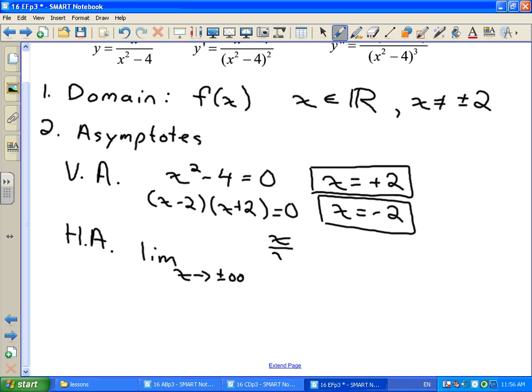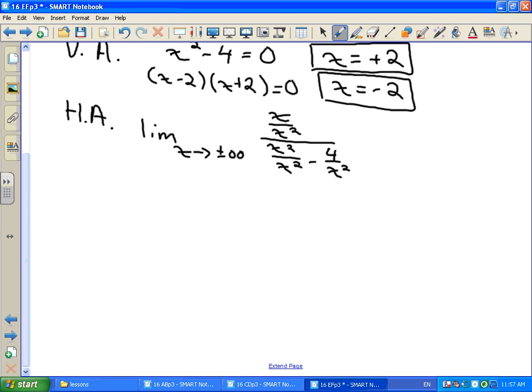So we'll have x over x squared in our numerator, x squared over x squared in our denominator, and we'll subtract off 4 divided by x squared. We can simplify this limit as x goes to plus or minus infinity: our numerator is 1 over x, and our denominator is going to be 1 minus 4 over x squared.